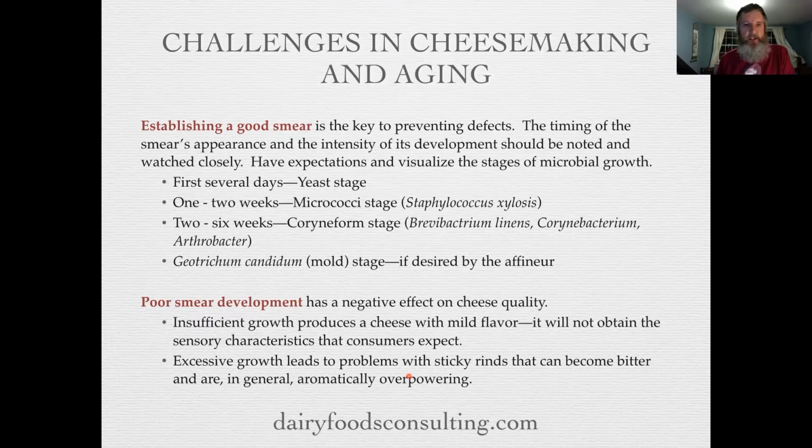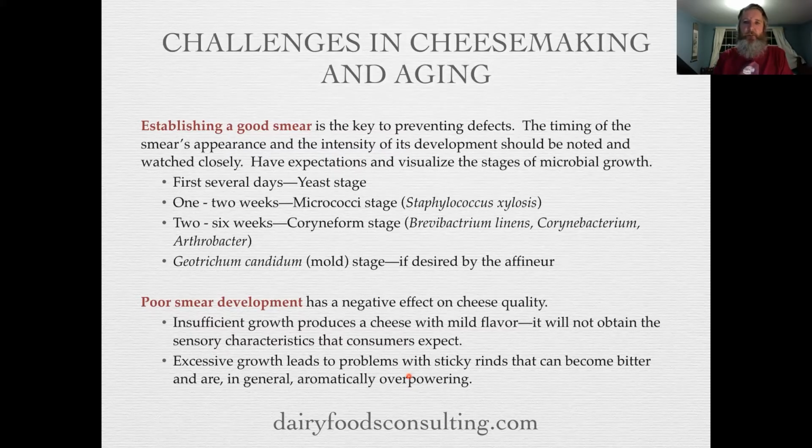So the first stage is very evident from the aroma wafting off the cheese. That's the yeast stage. The second stage is when the rind starts to get a bit tacky, and that's when the micrococci are growing in. These first two microbes are setting the table for the coryneforms, which we all tend to finally refer to as the brevibacterium.